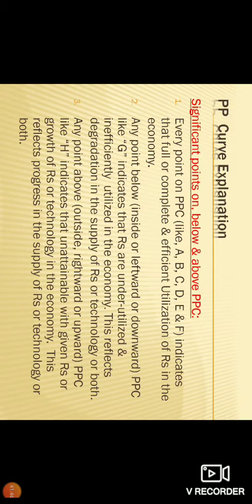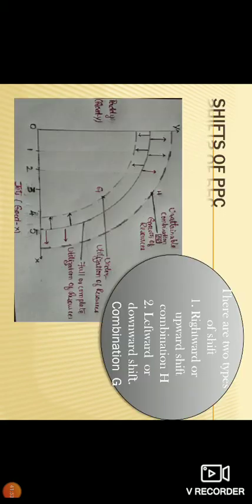How to shift rightward? Rightward means, see, we have marked a combination H on the outside. One more curve we have drawn, the concave semicircle connecting the y axis to the x axis. On that I am marking one combination called H. So it is unattainable with the given resources. Remember, you can attain the H combination if there is a growth in resources.